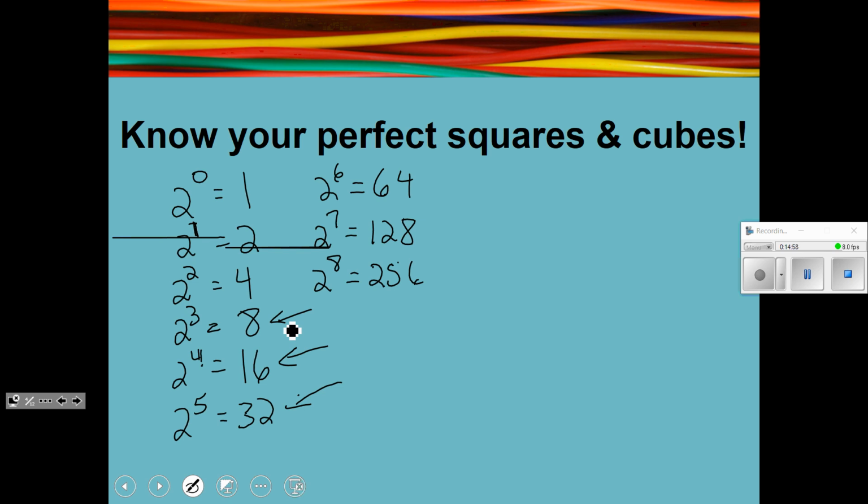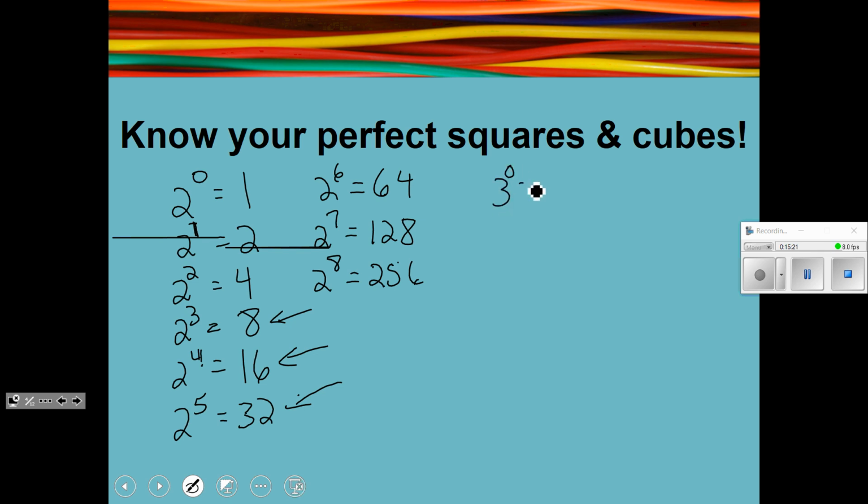Okay, does that make sense? Like if I give you the number 64, how could you write it? You could say 2 to the 6. What's another way? You could say 8 squared. What's another way? 4 cubed. It depends on, do I want to make it have a base of 2, 4, or 8? But you're going to have to make it have matching bases, so you kind of need to know these numbers.